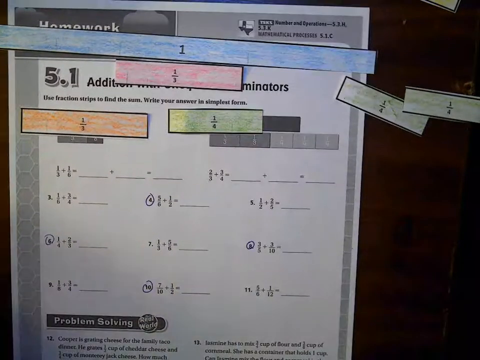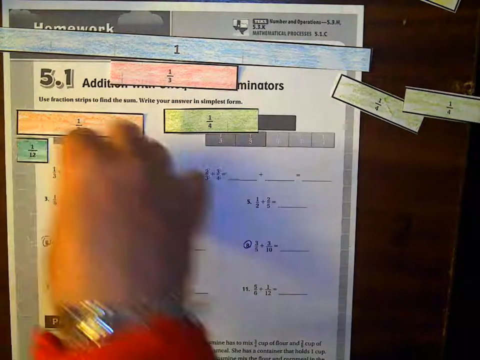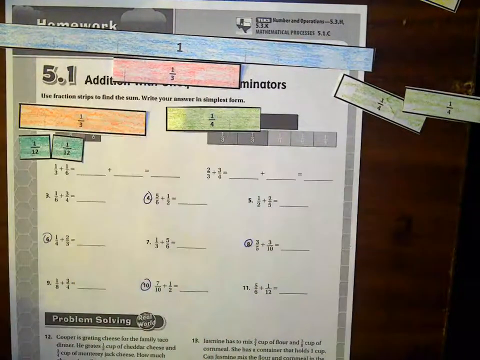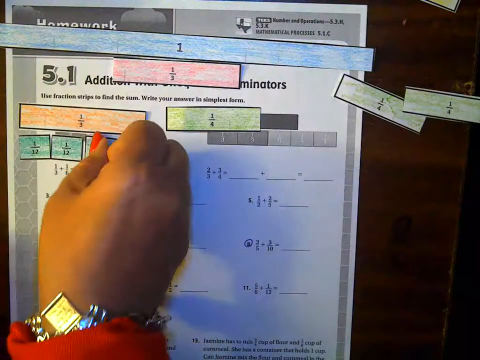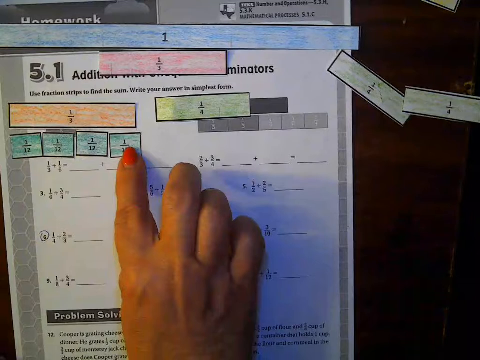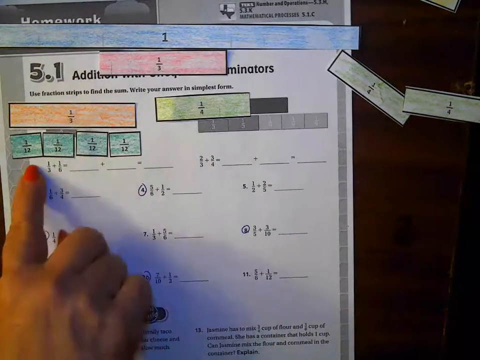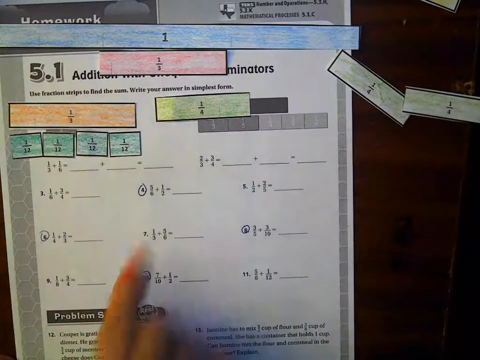And now I'm going to go to my 12ths. Okay, so look at this one right here. Yes, I have 1, 2, 3, 4/12 is equal to 1/3.